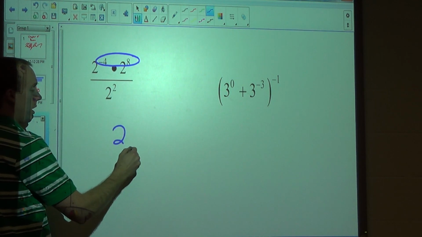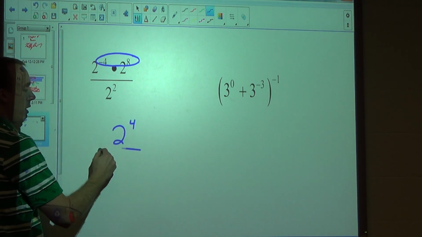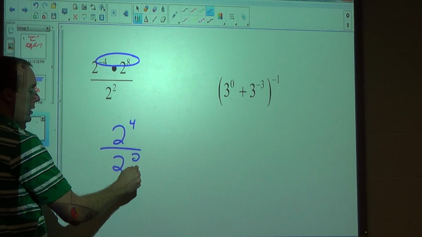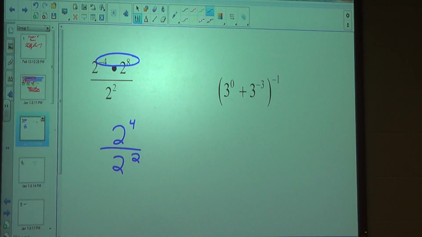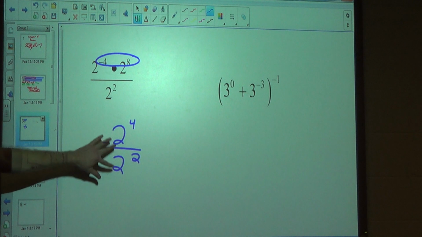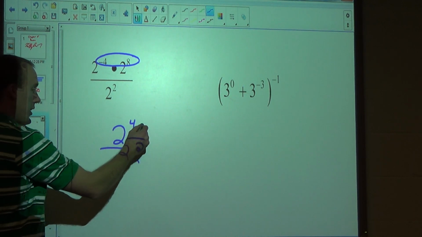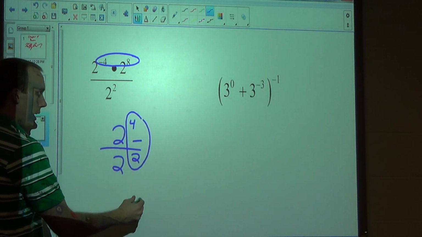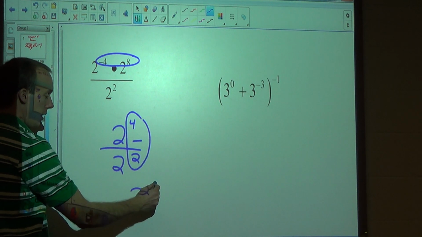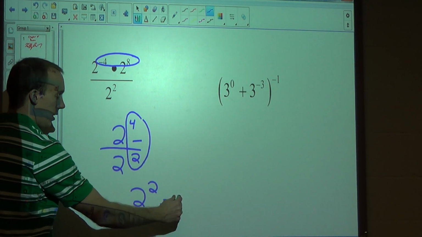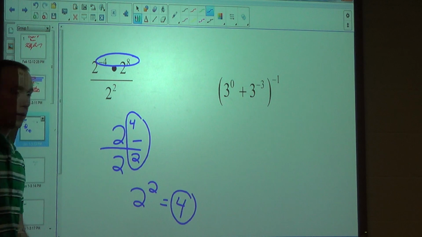So now it's 2 to the 4th over 2 squared. Now what am I doing with the same base here? Subtracting. So now you're going to subtract these two. And what does that put me at? 2 to the squared, which is actually 4.